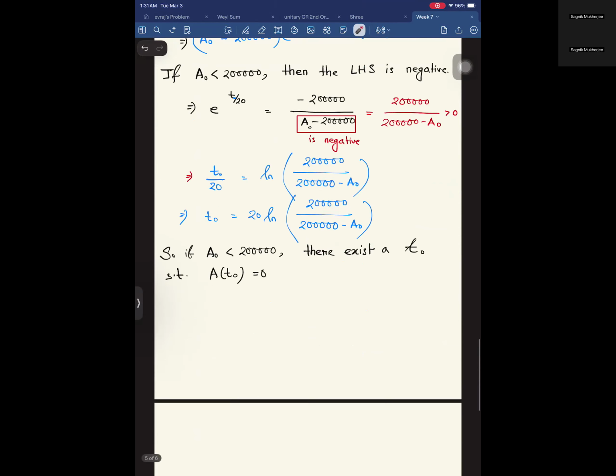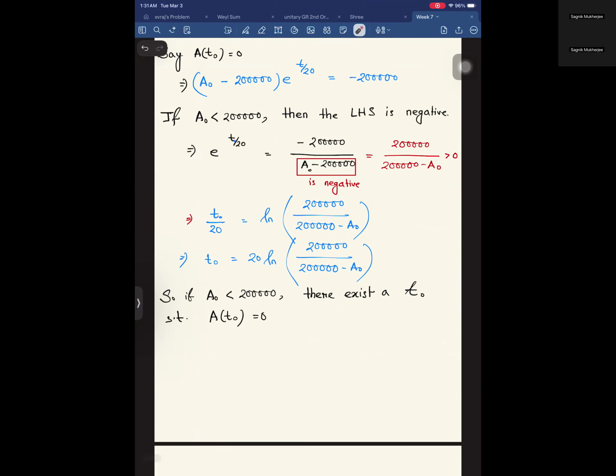However, now if A0 is more than 200,000, then this left hand side is positive, but the right hand side is negative. So this equation can never hold.